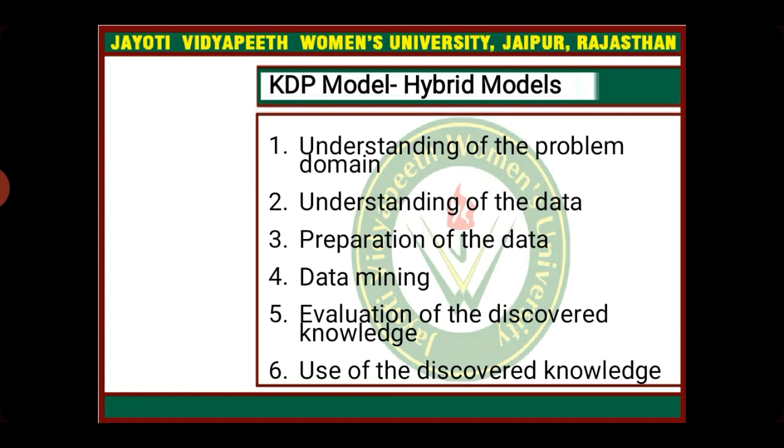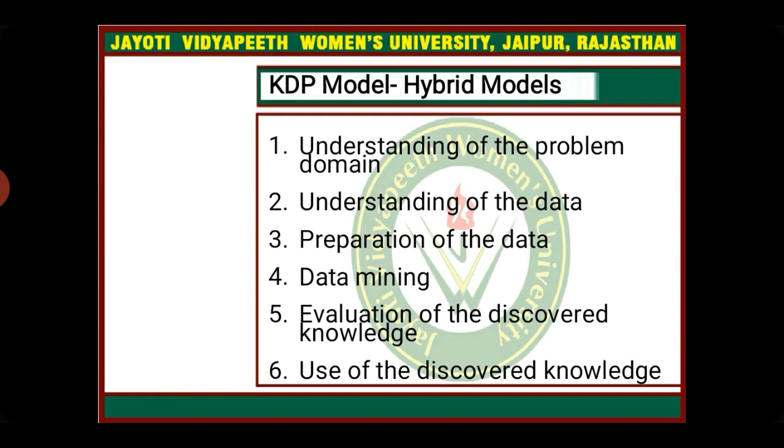Third is from data mining to understanding of the problem domain. The reason for this loop could be unsatisfactory results generated by the selected data mining methods, requiring modification of the project's goals. Fourth is from data mining to understanding of the data. In this case, the most common reason for this loop is poor understanding of the data, which results in incorrect selection of data mining methods and subsequent failures.